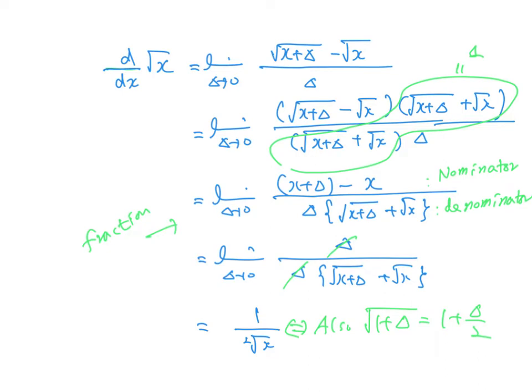So let's go back to partial x, partial r. This is partial x of the square root of x squared plus y squared plus z squared, and we call this g.